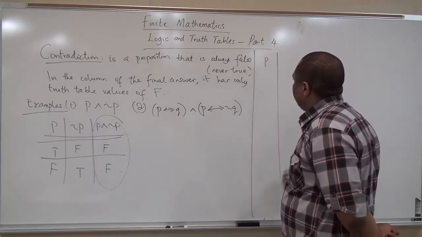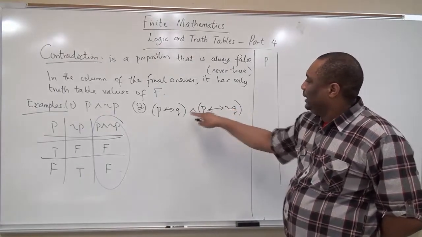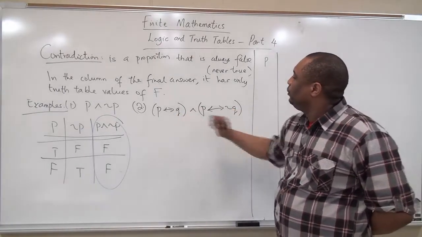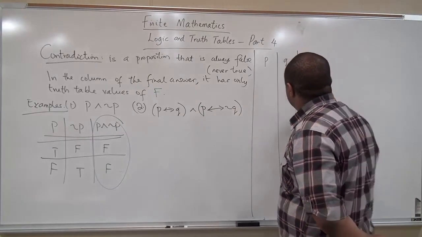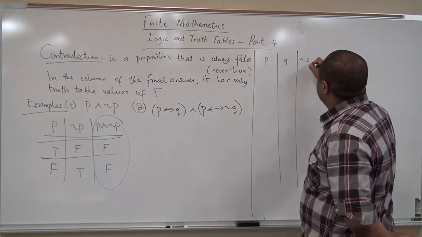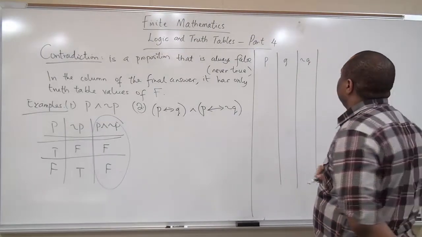I have P. It's good to look at whatever you need first. Okay, you need P, you need Q, then you need not Q. P, Q, then not Q. See that? Okay.